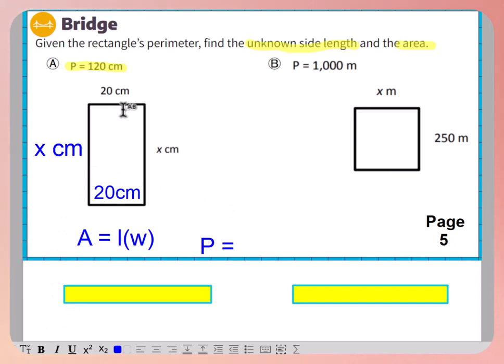All right, so look at what we have here. We have two of the lengths, the vertical lengths, x. So 2 lengths plus 2 widths.